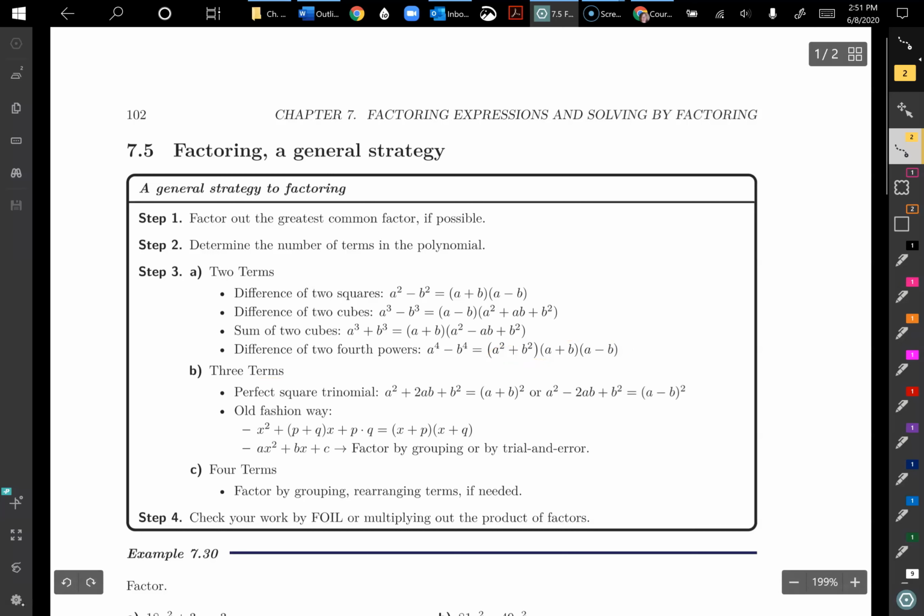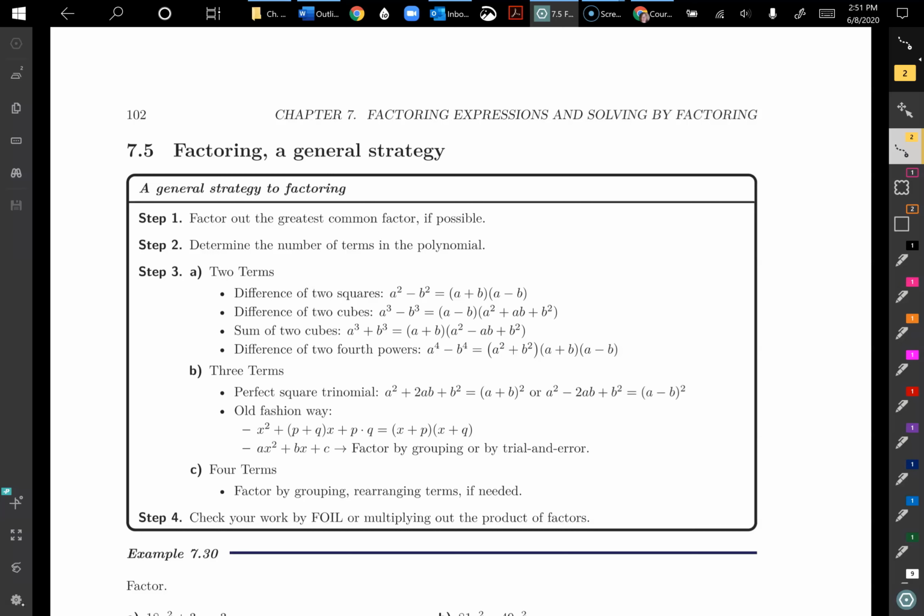If you have 3 terms, you want to see, is it a perfect square trinomial? Do the test for that. Or just factor by grouping or trial and error. If you have 3 terms, it's not always going to be factorable, so don't try to force something. Do the check. Make sure it actually comes back to what you have, not just thinking it might be that way, because you have to factor.